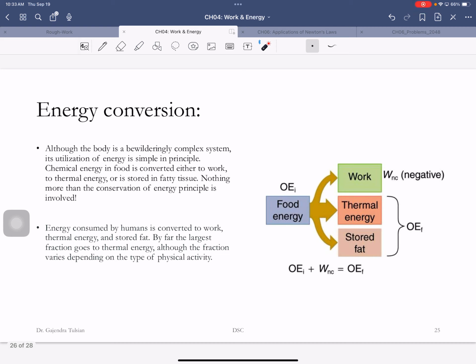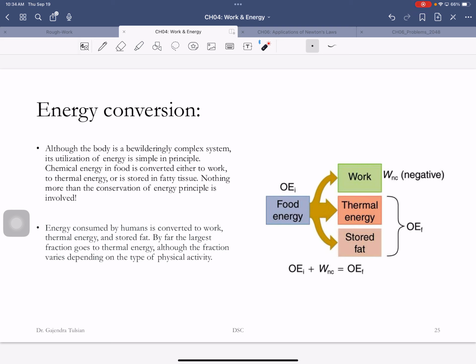All right, so we talked about energy. We bring in energy via food. There are 3 things we do with it. You either work, you use it to produce thermal energy. Well, thermal energy is also produced as a side product of many things. Or if you brought in excess, you store the excess for a rainy day. Okay? And why do we store it as fat?